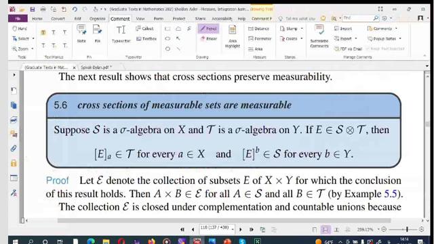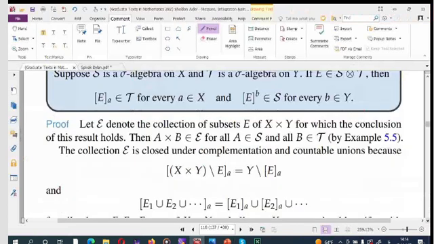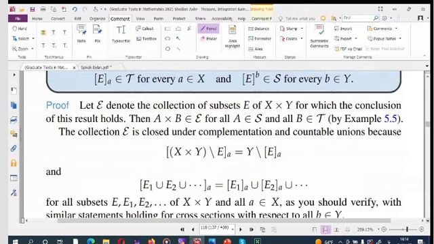And for the proof, we see that if E denotes the collection of subsets E of this product for which the conclusion of this result holds.